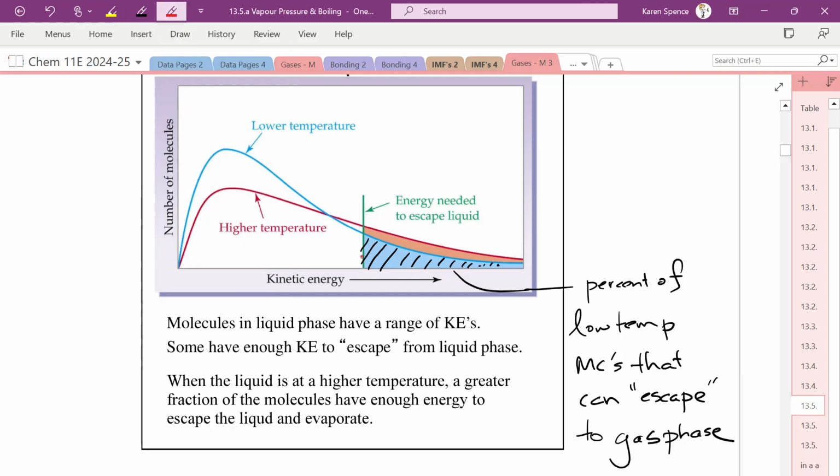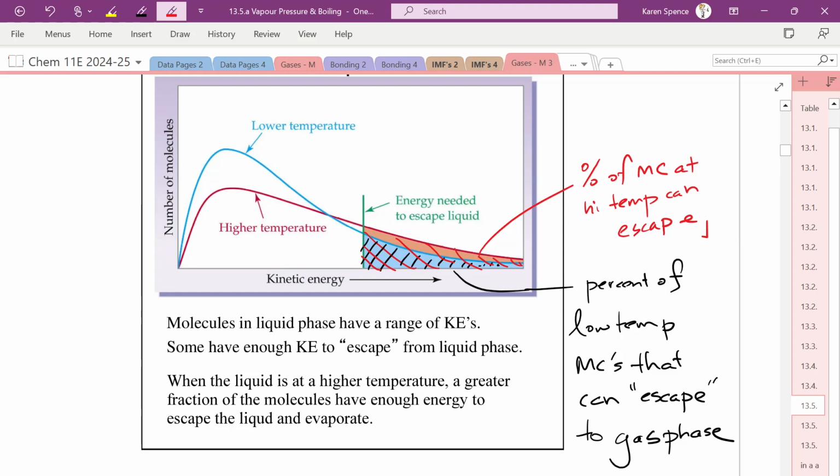Whereas the red area is the percent of molecules at high temperature that can escape. Is that good?